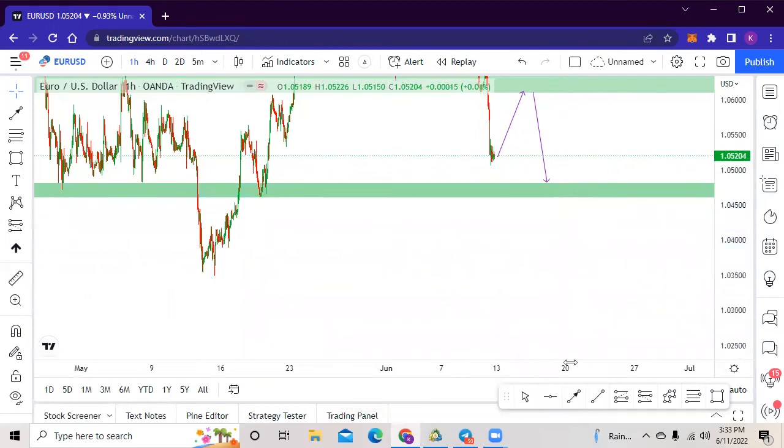I suggest you stick to one to three pairs so you can really focus in on your levels, because you might miss something if you're trading a bunch of pairs at once. Zoom in, examine, focus in on these levels, and look for your candlestick rejections, your engulfings, your pin bars at these levels.